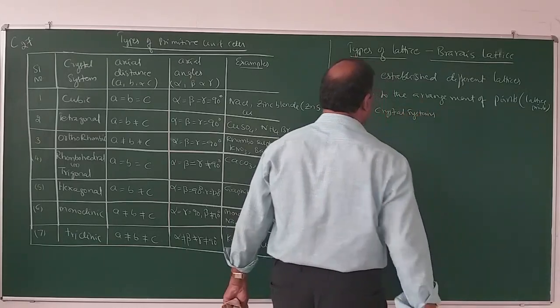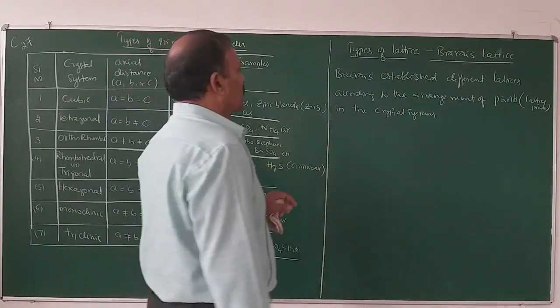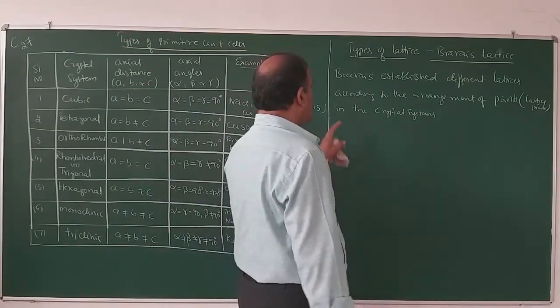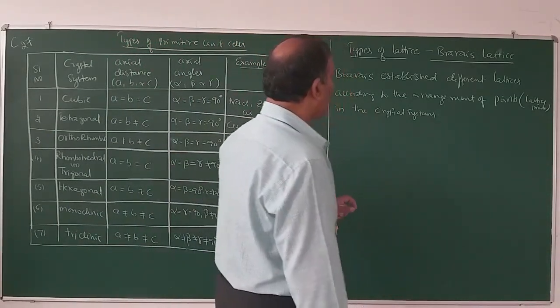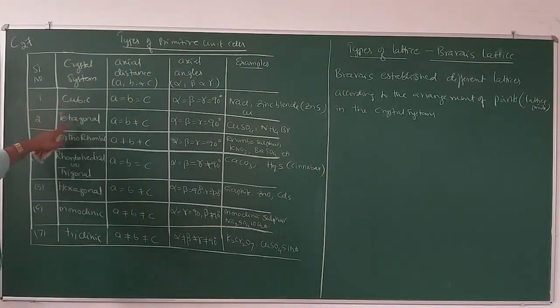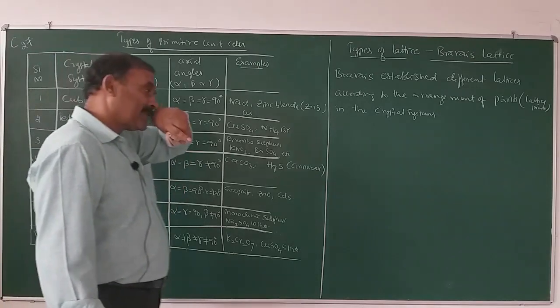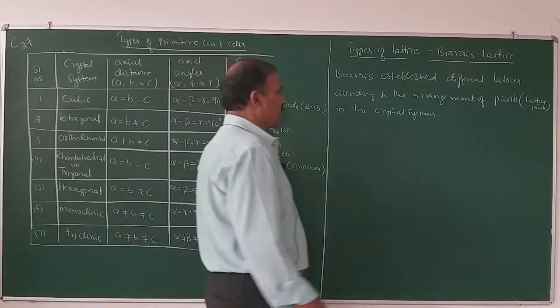So Bravais established different lattices according to the arrangement of points in crystal systems. So there are 7 crystal systems. Depending upon the arrangement of points in each crystal system, Bravais arrived at different lattices. Those lattices are called Bravais lattices.